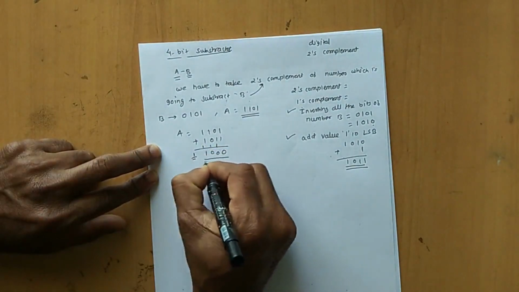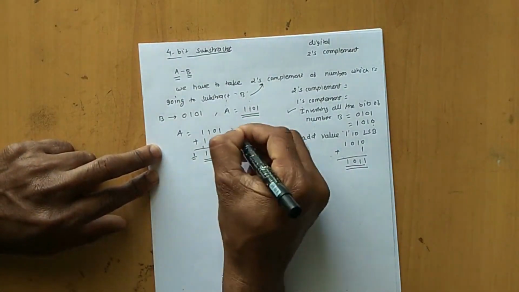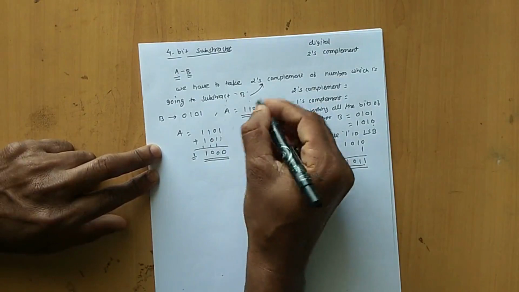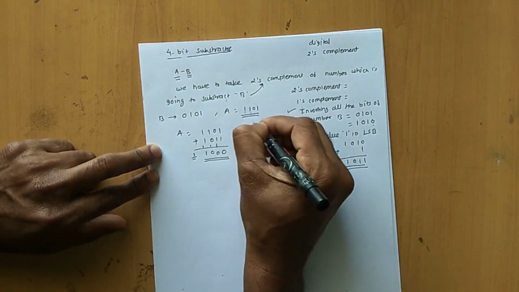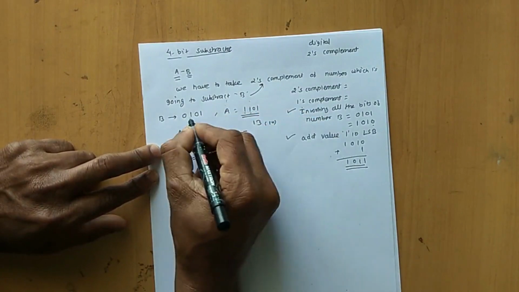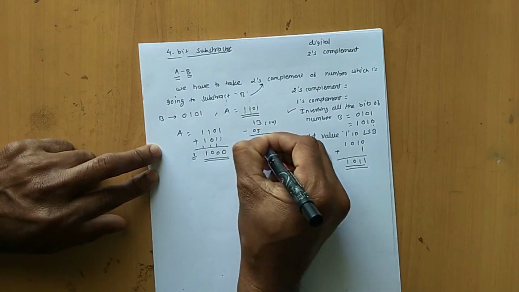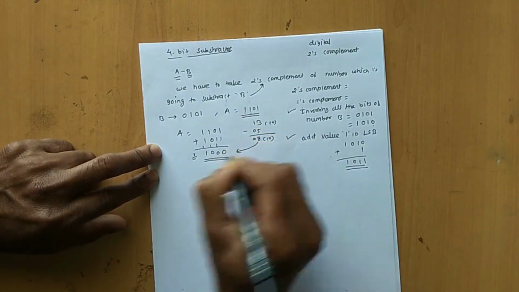So this is the total result. Let me just clarify here: 8 plus 4 is 12, plus 1 is 13. 13 in decimal minus 5 is 8, so this will be equivalent to 1.